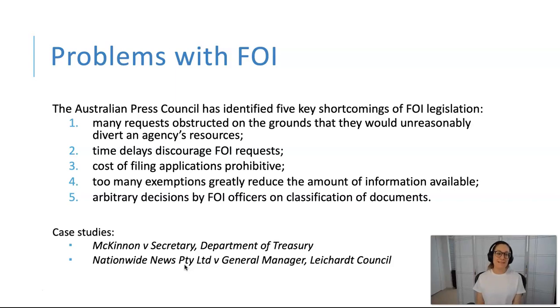And the complaint is also that too many documents are exempt from the FOI regime. So this is a regime that is under pretty constant scrutiny and is likely to perhaps be reformed in the future. Thank you.